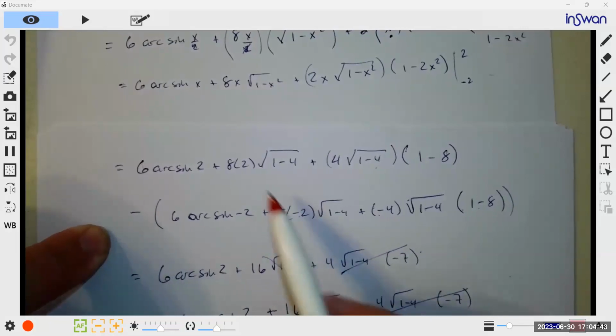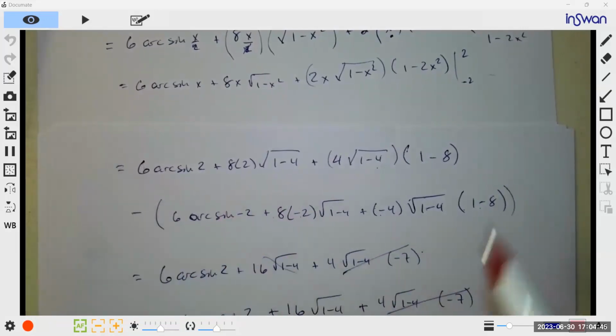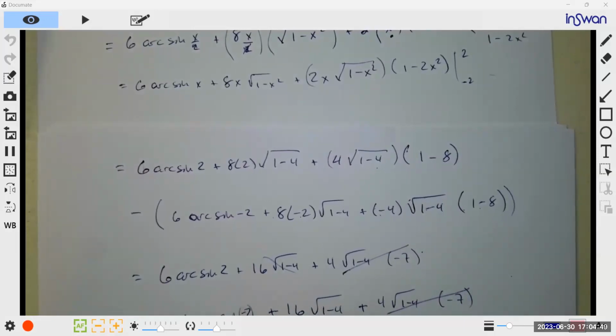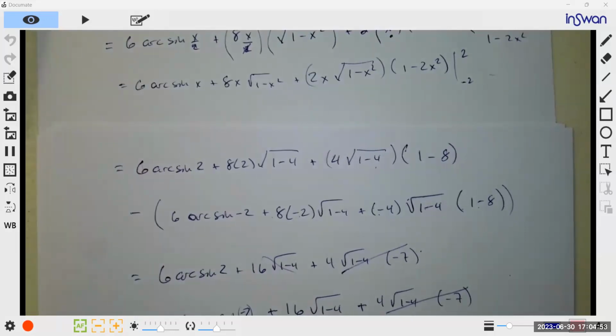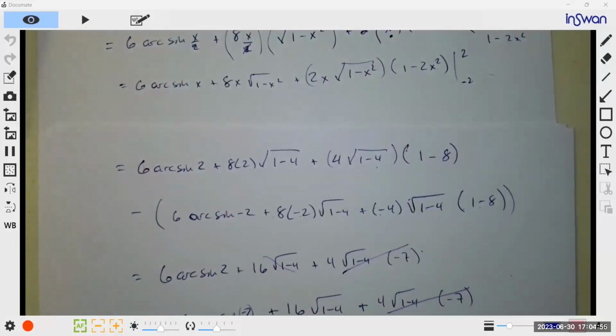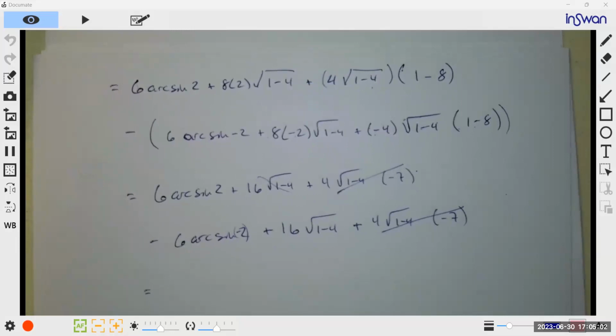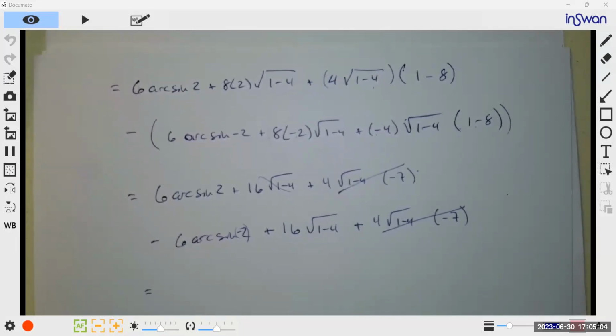They're going to add. They're going to subtract. So we have 6 arcsine 2.